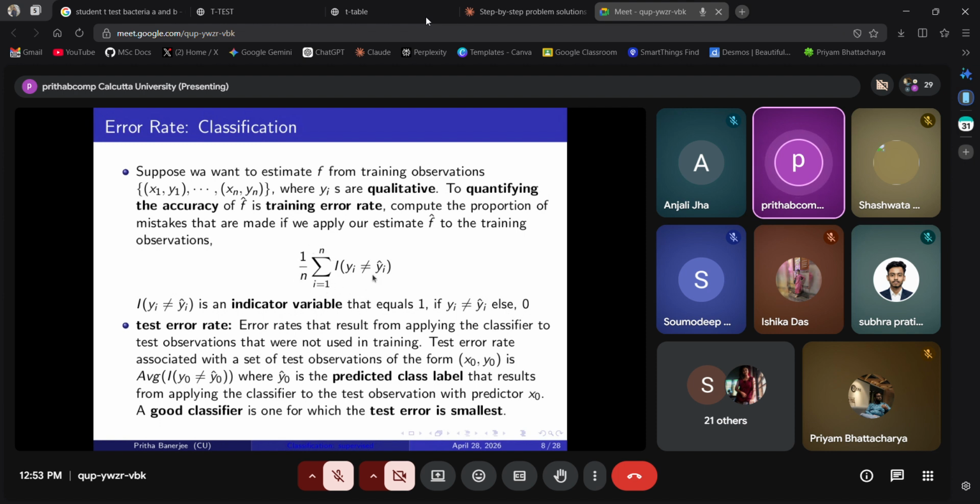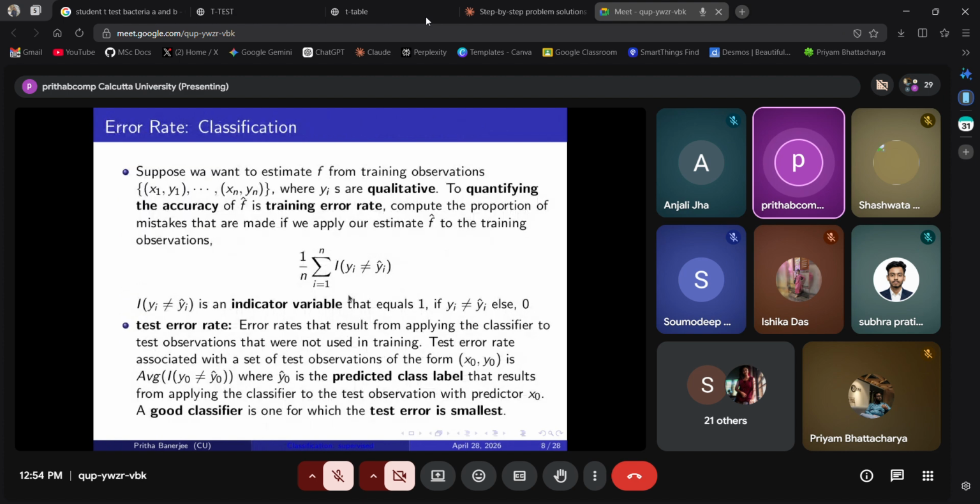Essentially, I'm talking about this expression only. It is the average number of mismatches, where y0 cap is the predicted class label that results from applying the classifier to the test observations with predictor x0. Obviously, a good classifier is one for which the test error is the smallest.